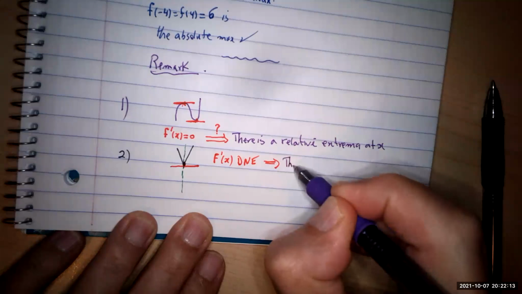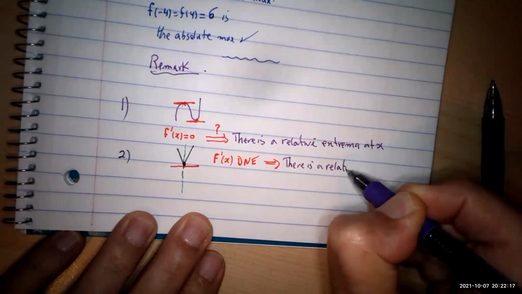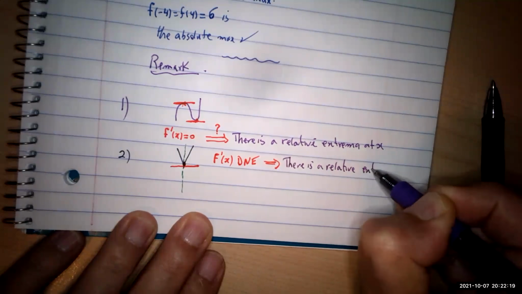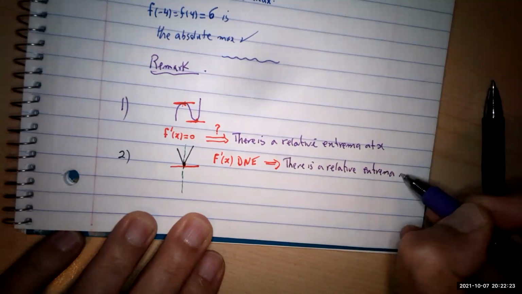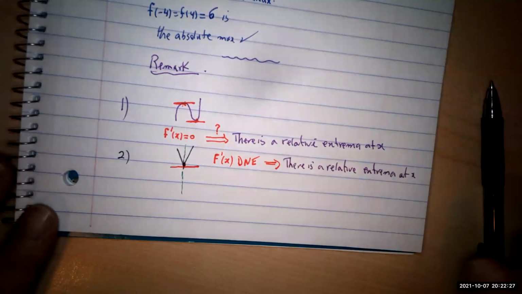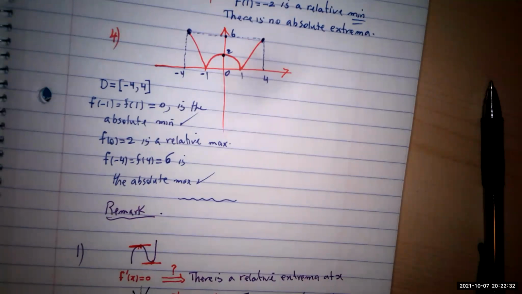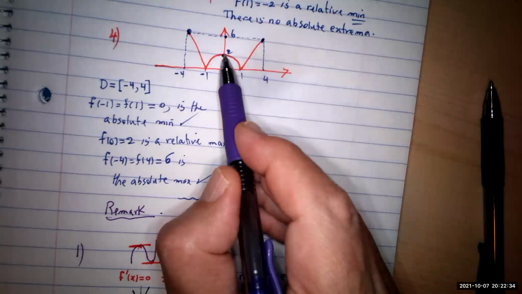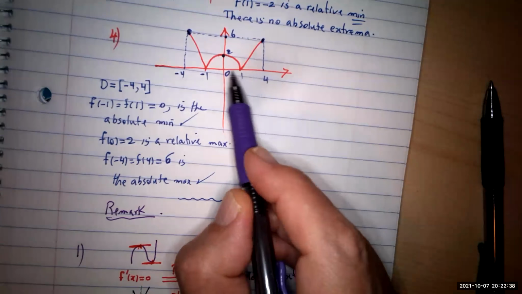So there is a relative extremum or extrema at x. It's exactly the same as this one: at this point, you get a horizontal tangent line, but these are the sharp corners.